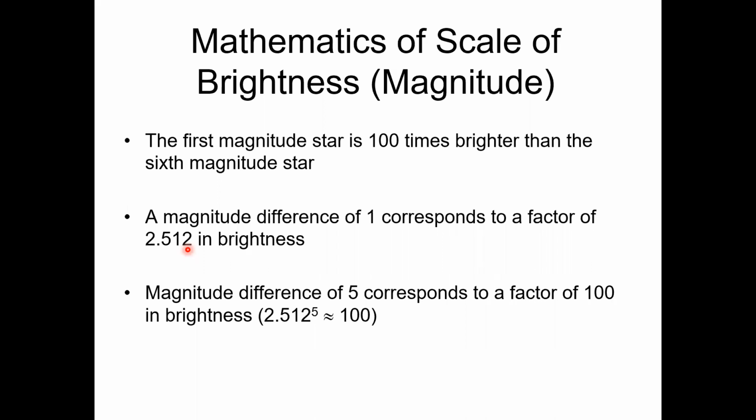Let's stick to the same example, B is 2.5 times brighter than A. So who is brighter?